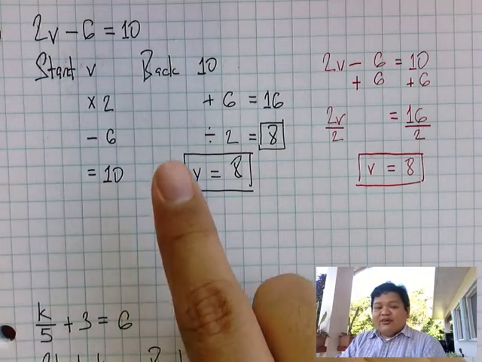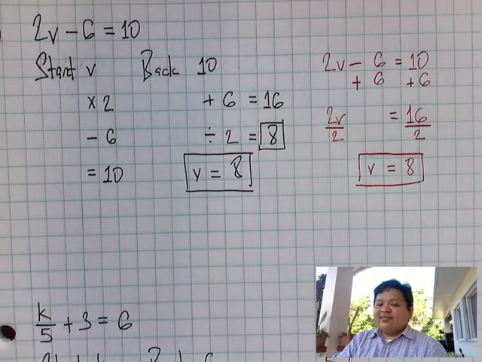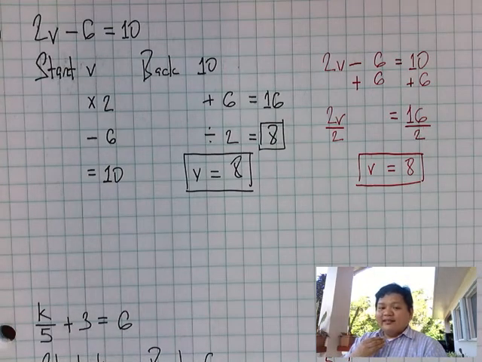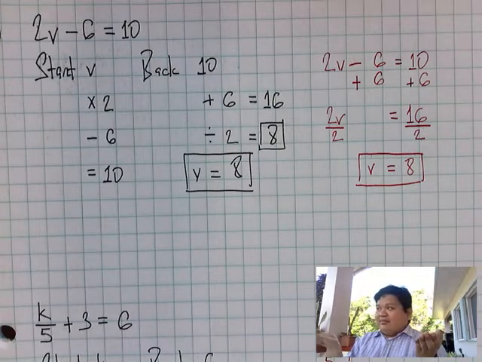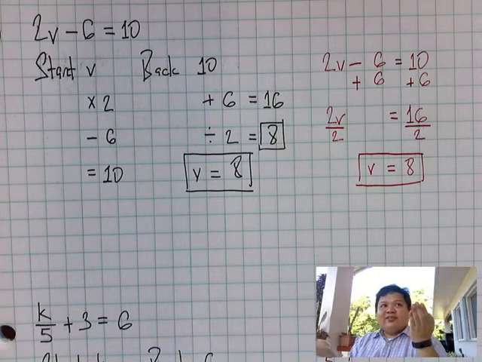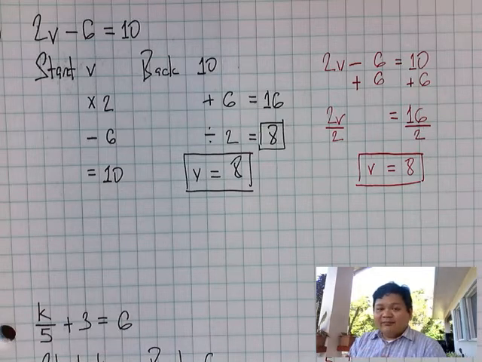In the story mode, you're thinking of something going forward, and the solution is something going backward. But in the balance beam mode, you're thinking of a balance beam where if you do something to the left side, you must also do it on the right side in order for the equation to stay true, in order for the equation to stay equal.